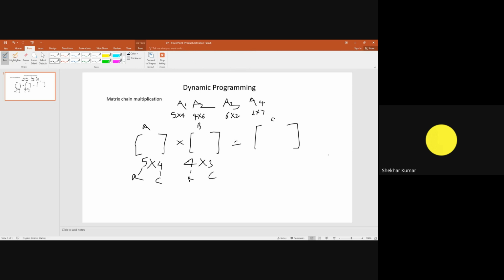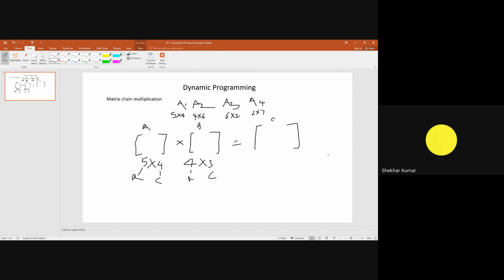How many elements will be present in the C matrix, that is the resultant matrix, and how many multiplications are required to generate the final resultant matrix?